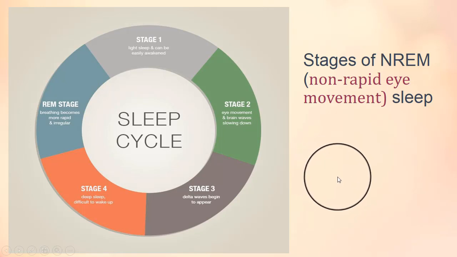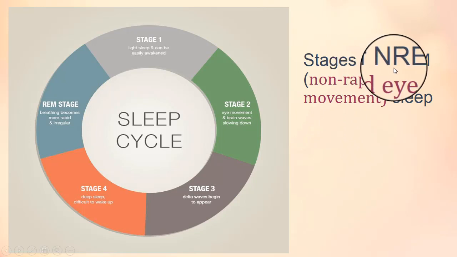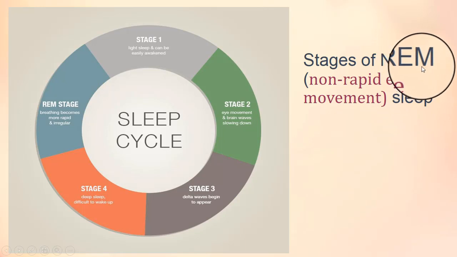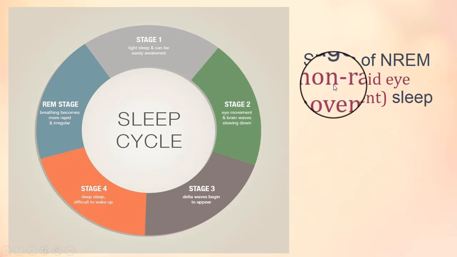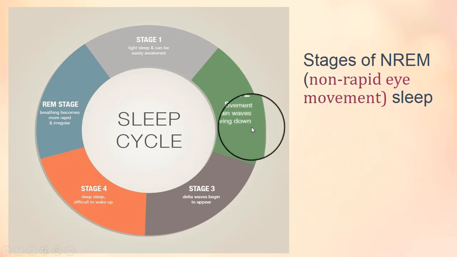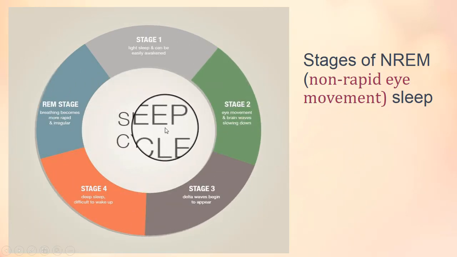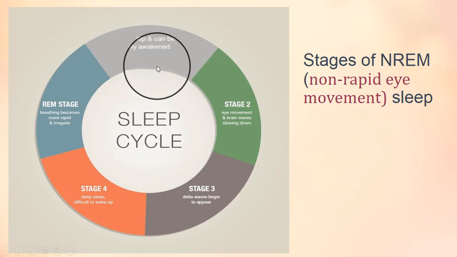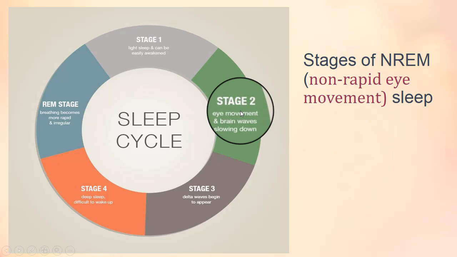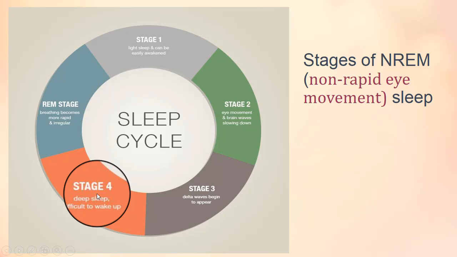Now we will discuss the various stages of the NREM sleep cycle. What does NREM stand for here? It means non-rapid eye movement. As you can see on the screen, we have provided a picture of the 5 stages of the sleep cycle: NREM stage 1, NREM stage 2, NREM stage 3, NREM stage 4, and lastly the REM stage.